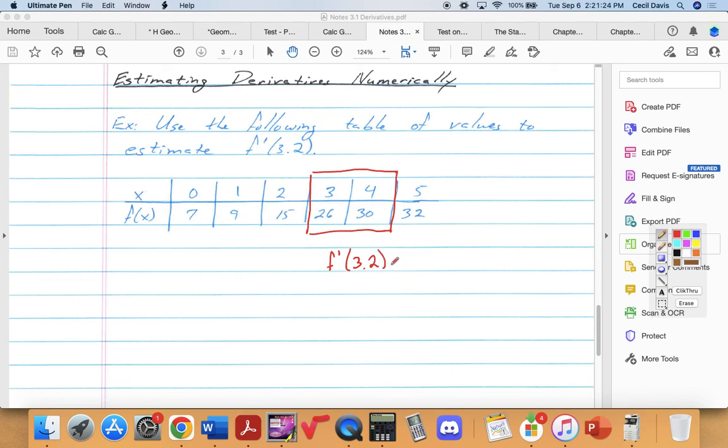F prime at 3.2 then is going to be approximately 30 minus 26 over 4 minus 3. So it's about 4. How confident am I that it is 4? Oh, not at all.